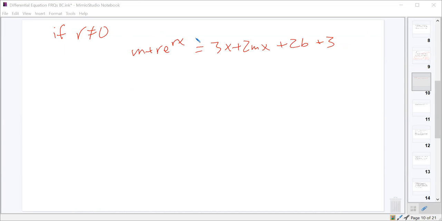What are you saying, Noah? No, because you got the 3 from letting r equal 0. Oh, I got the 3 from letting r equal 0. Yeah, what was my equation? What did I have there originally? Okay.